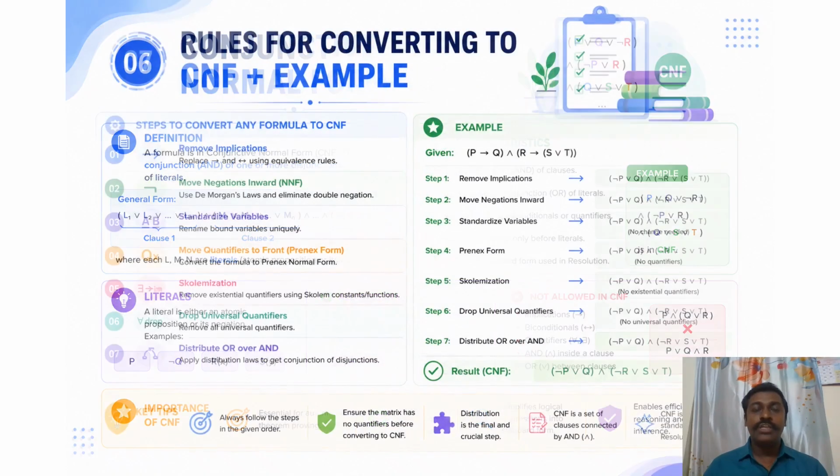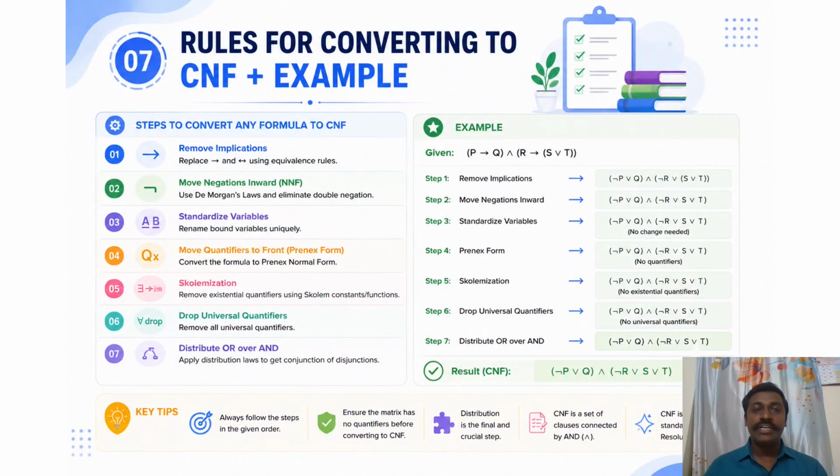So the rules for converting to conjunctive normal form: first remove the implications and move negations inward, that is the negation normal form that we have already done. Standardize the variables if there are different variables that are confusing.